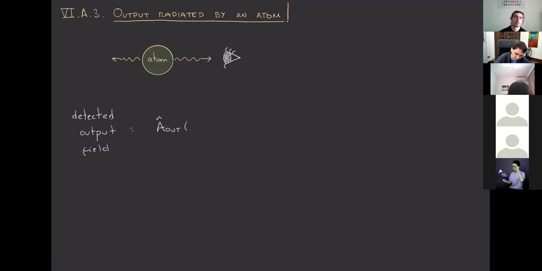So the output at position r and time t will be equal to, again, the common prefactor, to C epsilon 0 S, and now we make the approximation that this is the atomic transition.